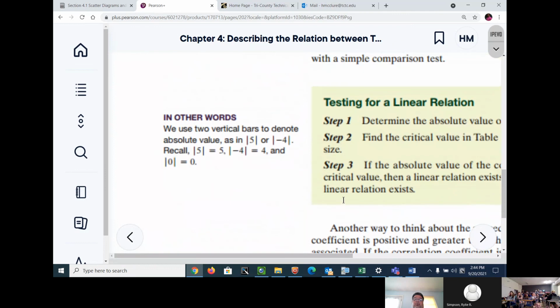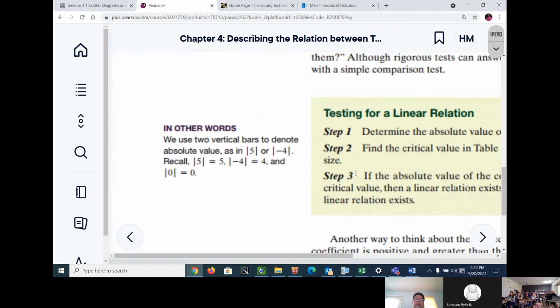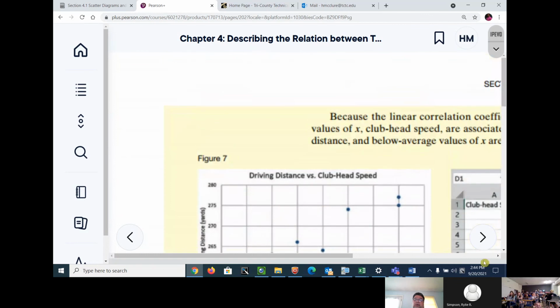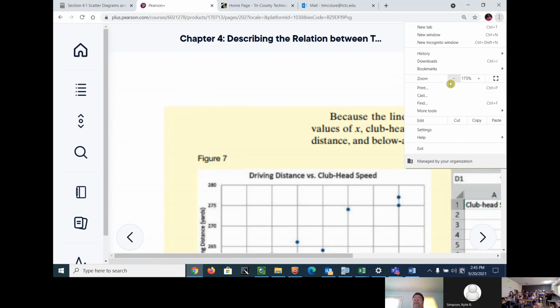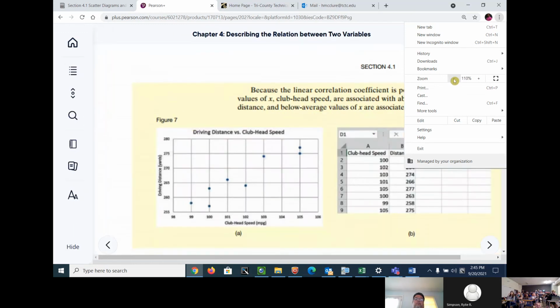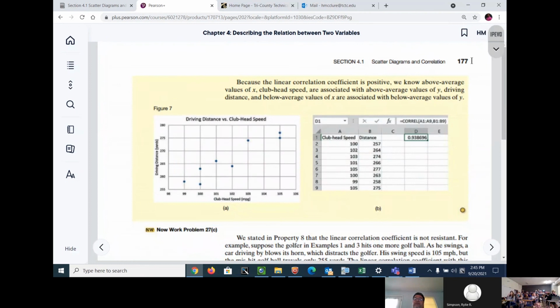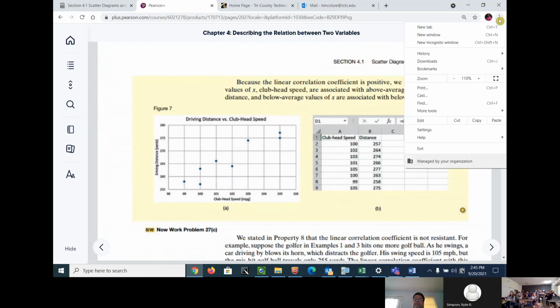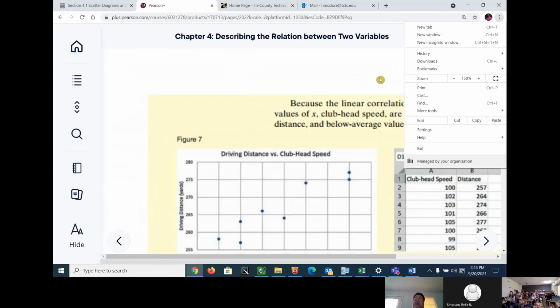Okay, here's that rule I told you about, on page 177.